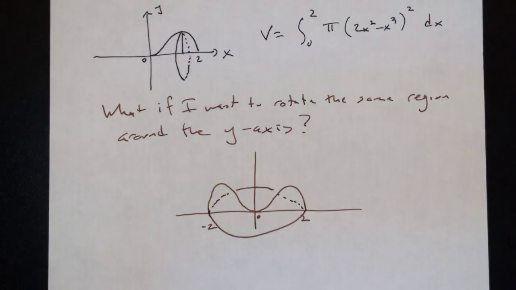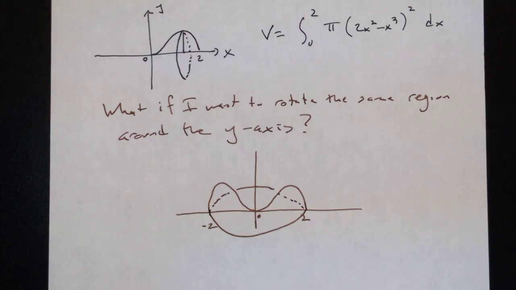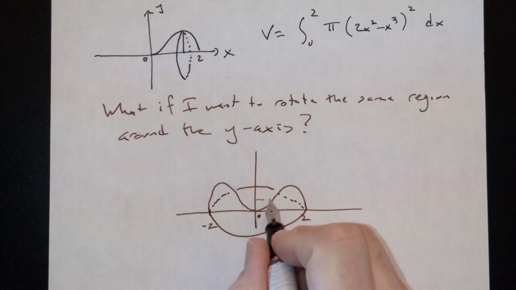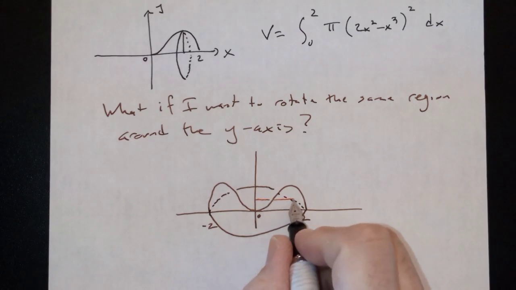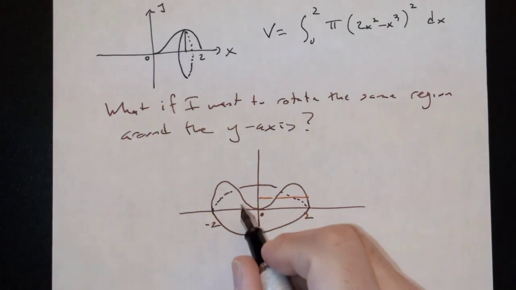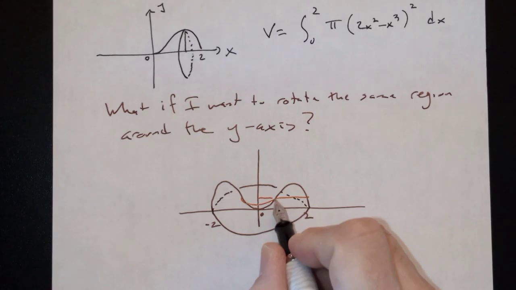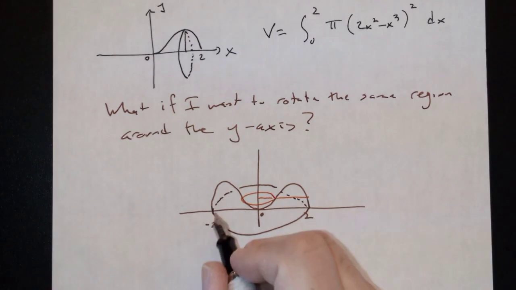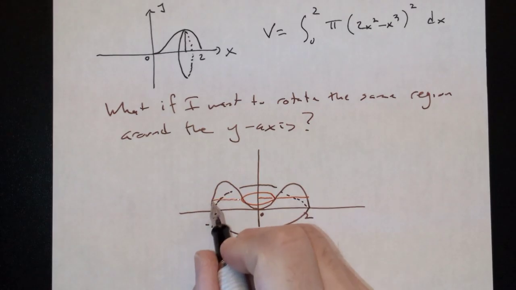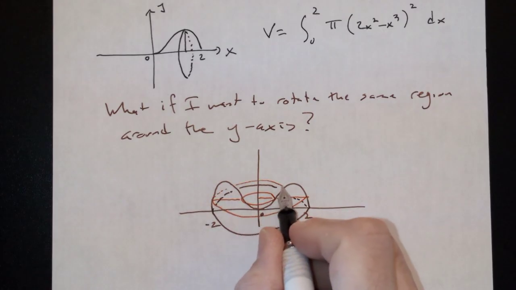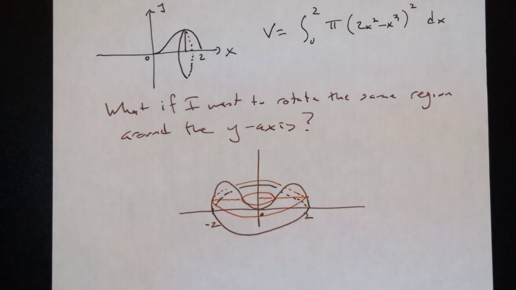well, it's not just one circle though. This one at the bottom is a circle, but if I pick one that's, say, a little bit higher, here's a higher y value, then I'm going to get a circle up here that's not part of the region, and then I'm going to get a circle here that is part of the region, and that is a washer shape.